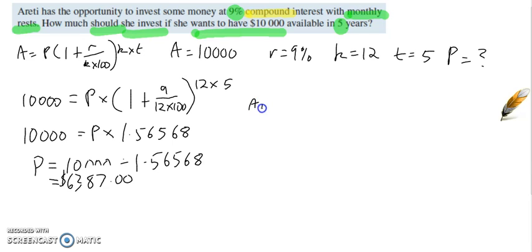So, she should invest $6,387. Okay, so this is the one where we're actually working out your principal.